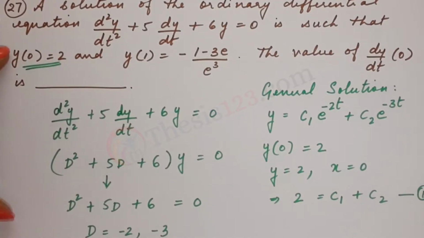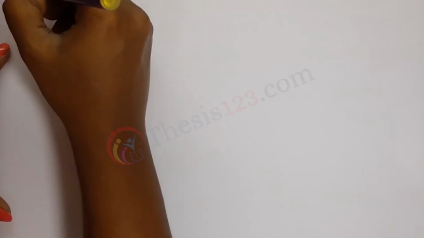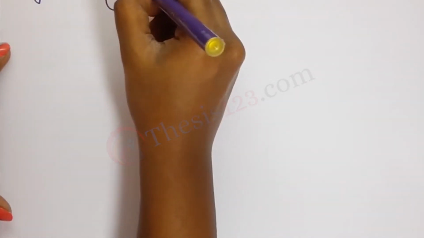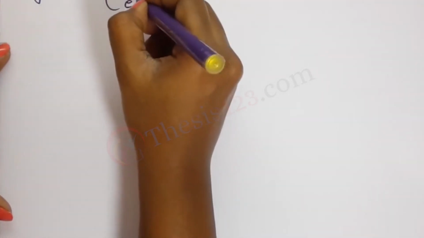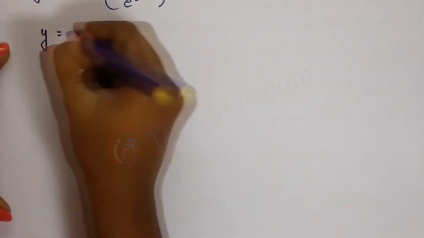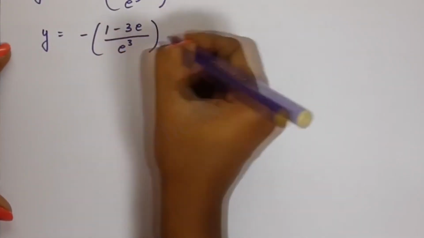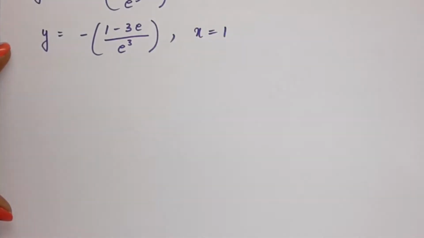So next, let's take the second initial condition, this one here. I'll take another sheet of paper so that we can solve it fresh. The second initial condition is y(1) = -1 - 3e divided by e³. This means that y = -1 - 3e divided by e³ and t = 1.